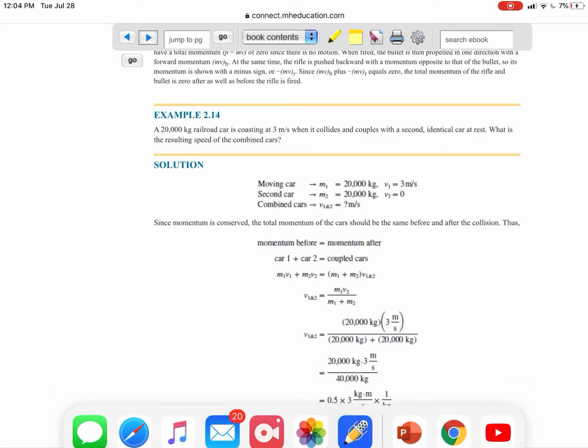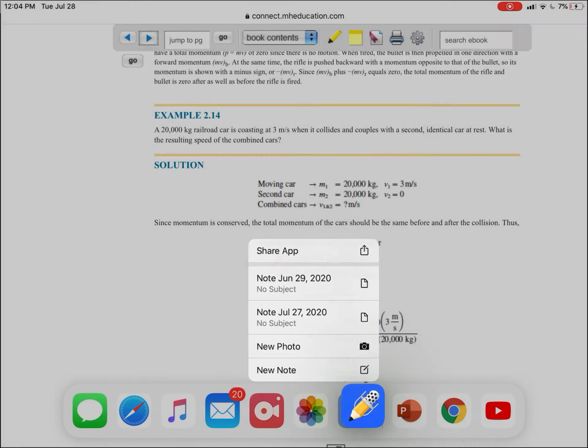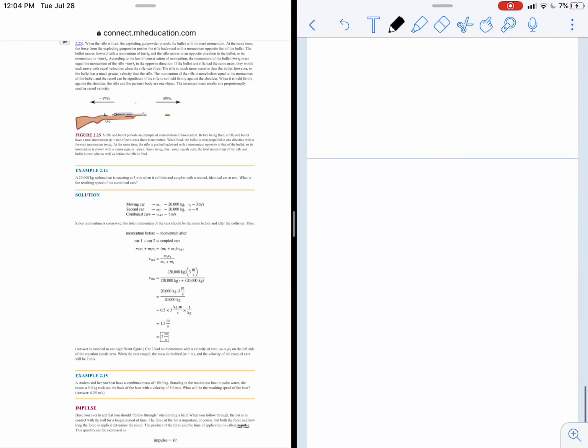Okay, so I'm going to pull up my note thing over here, so that I can write this out with you guys. Again, I would have my PowerPoint out and be writing this on the side if you can. And then always write down what you're given.